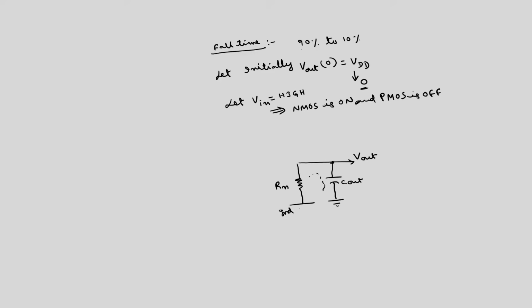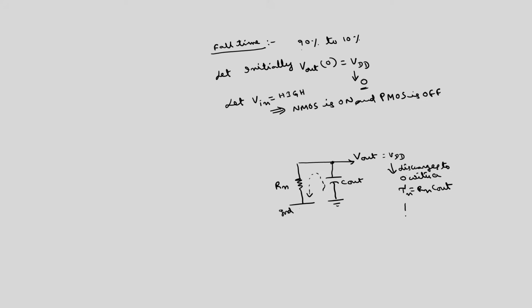Now this is the discharging path. The output was initially at VDD, and now it will discharge to 0 with a time constant of tau n equal to Rn C out.